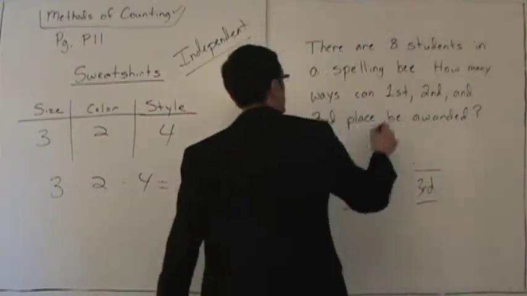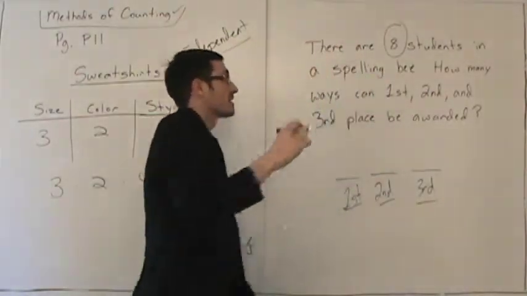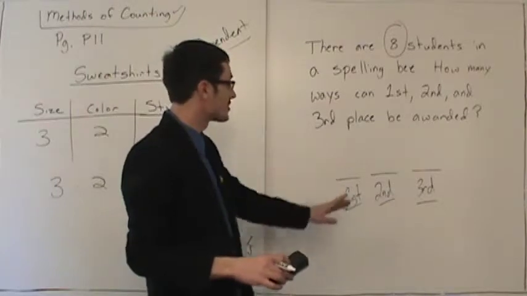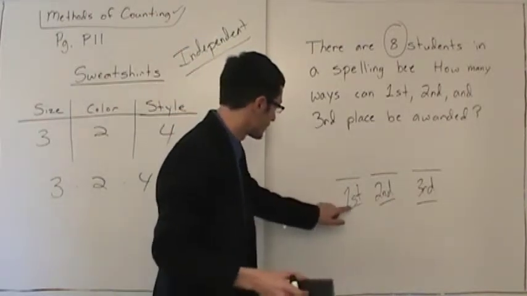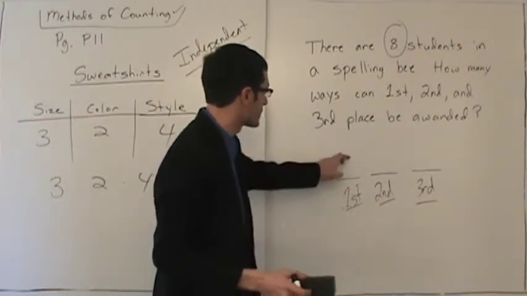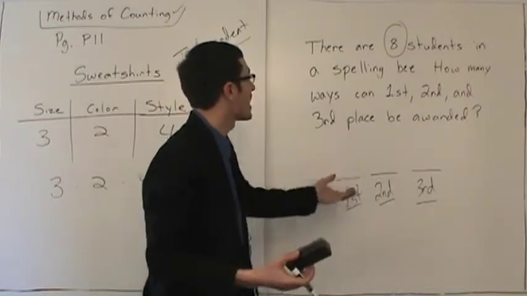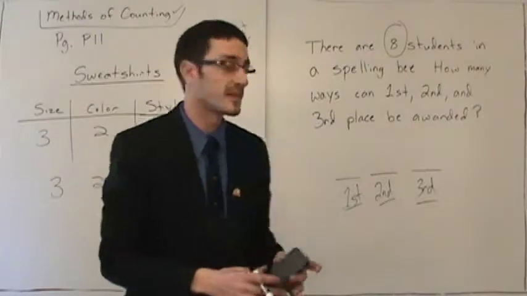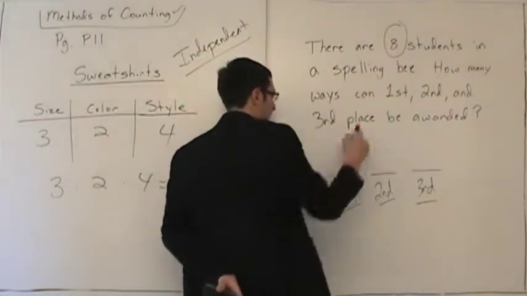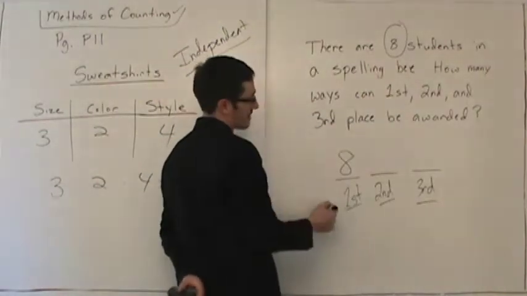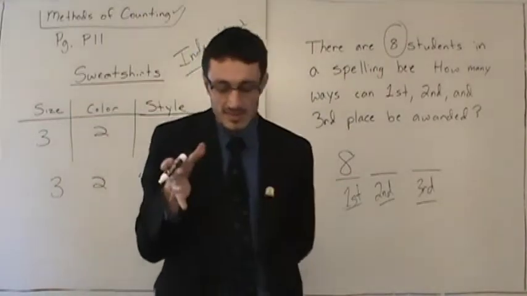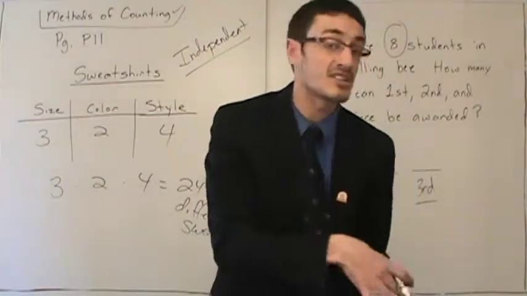You have a total of 8 students in the spelling bee. Assuming we choose the first place student first, how many options do we have for first place? We're looking at these 8 students, so we have 8 options for first. After we choose first place, the person that is awarded first cannot achieve second.